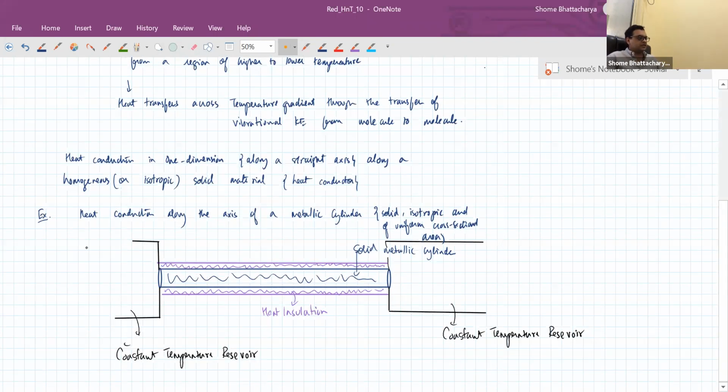But one of them will act like a heat source at higher temperature T1, let's say, and the other one will act like a heat sink at a lower temperature T2. So T1 is greater than T2. Okay. Also, this solid cylinder has a cross-sectional area of capital A and a length of L.